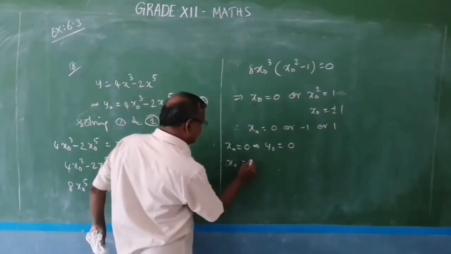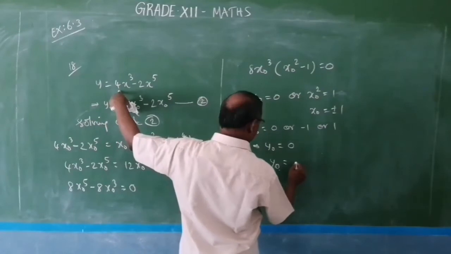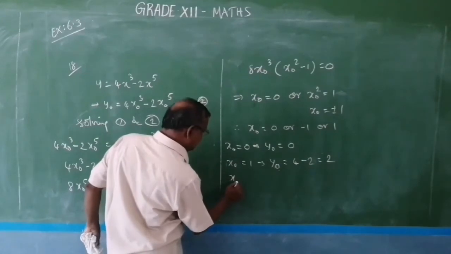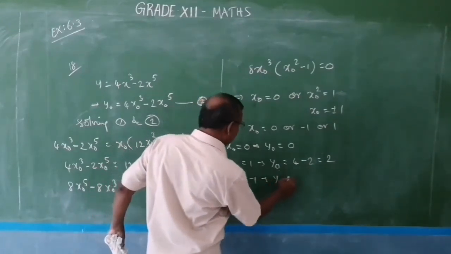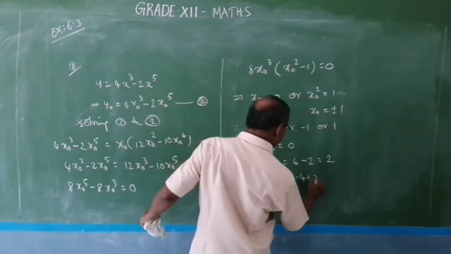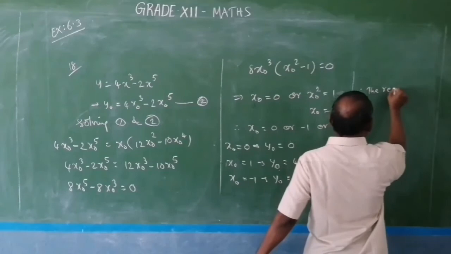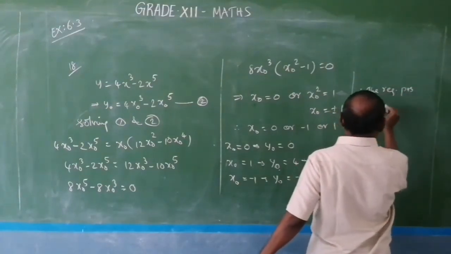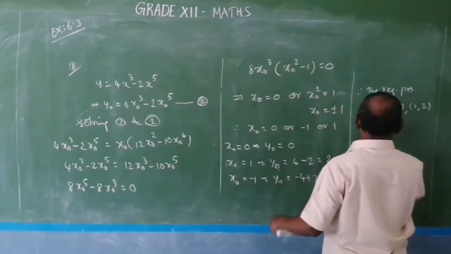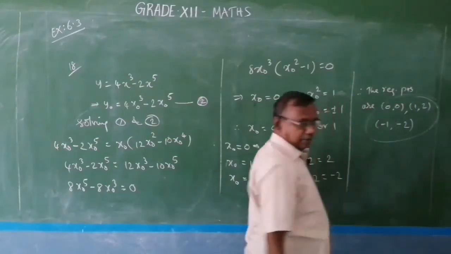When x naught equal to plus 1, we have y naught equal to 4 minus 2 equal to 2, and when x naught equal to minus 1, we have y naught equal to minus 4 plus 2 equal to minus 2. Therefore, the required points are 0, 0 or 1, 2 or minus 1, minus 2. These three are the required points.